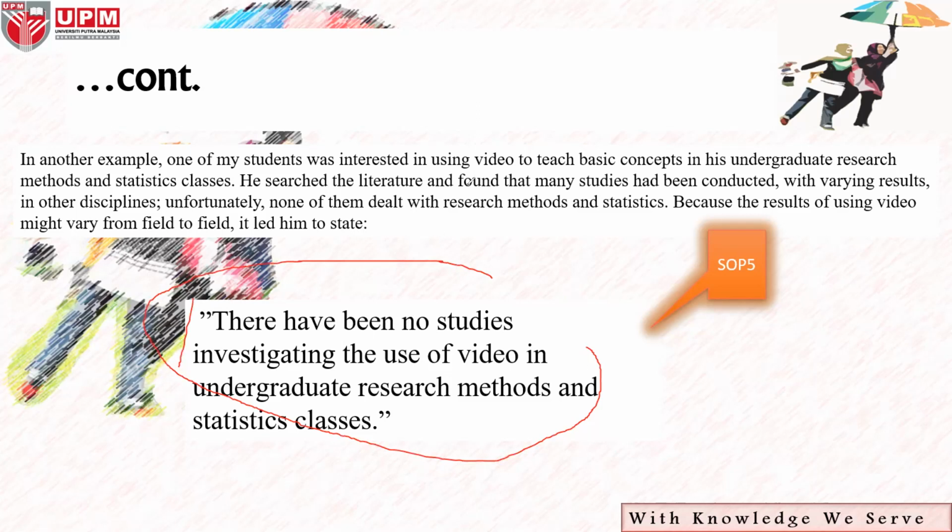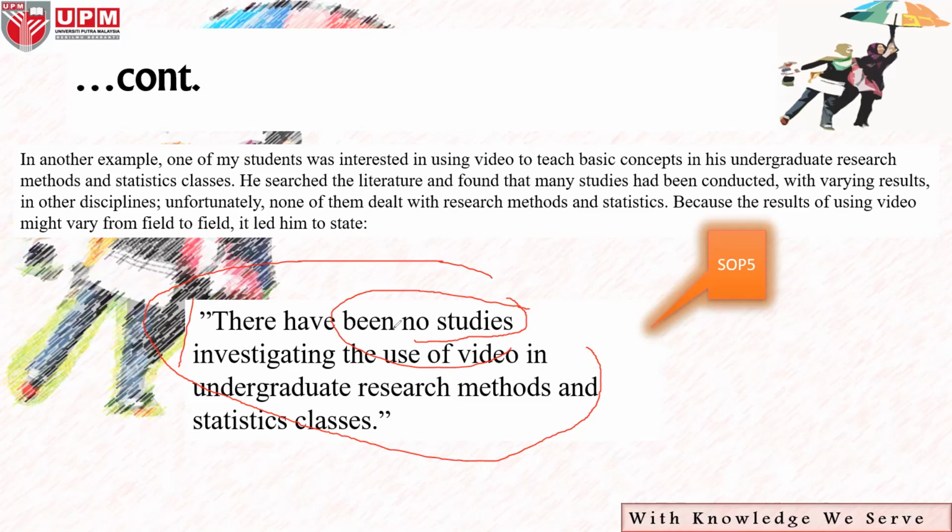Kalau let's say you really confirm that there is no study, then you can confidently use this one. Tapi kadang-kadang kita tak sarankan guna no study terus ni, because during our data collection process, there might be a possibility that people have already published articles related to our study. Possible.